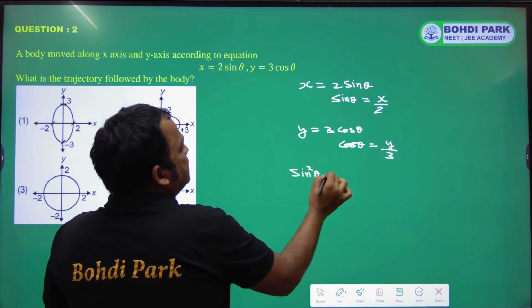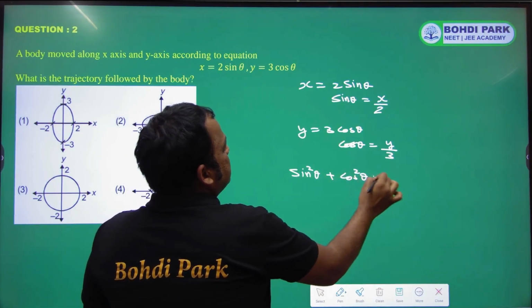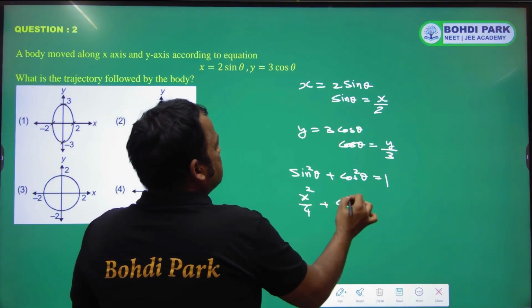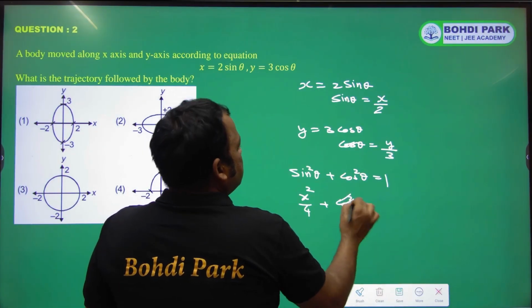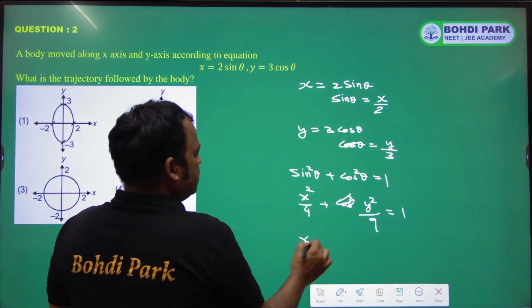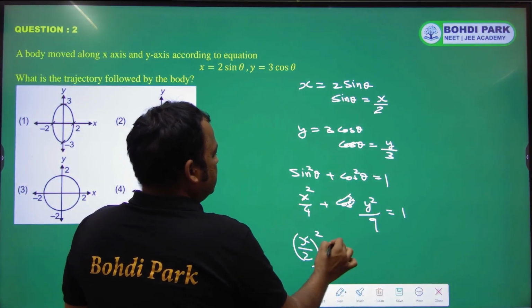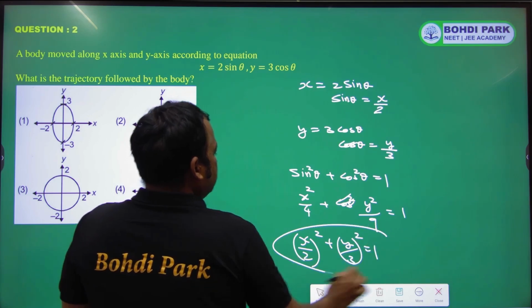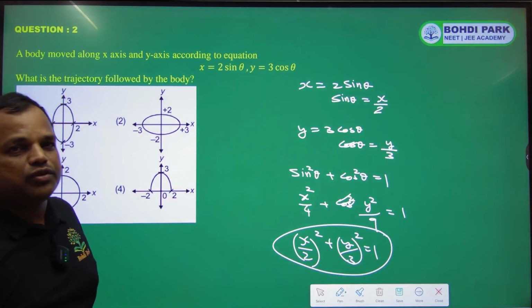So sin square theta plus cos square theta is 1, so x square by 4 plus y square by 9 is equal to 1. So x by 2 whole square plus y by 3 whole square is equal to 1. So this is the equation of ellipse.